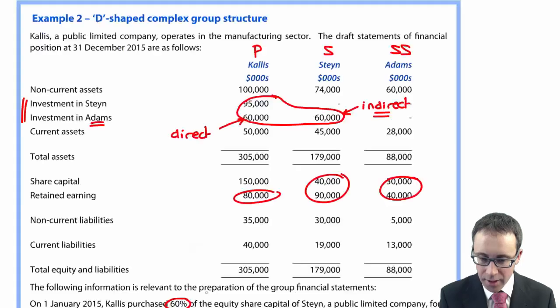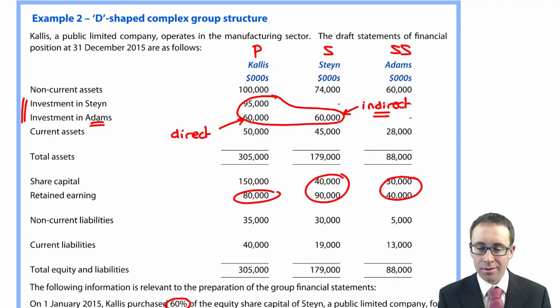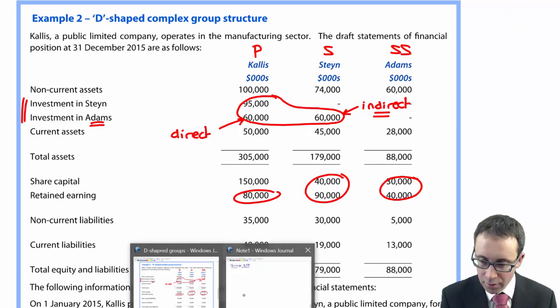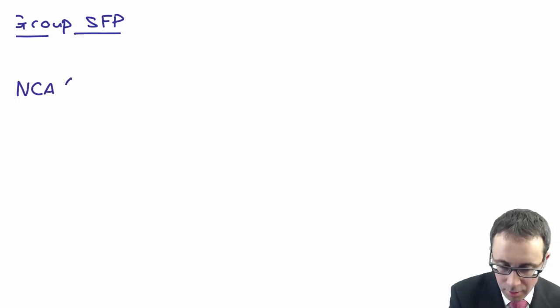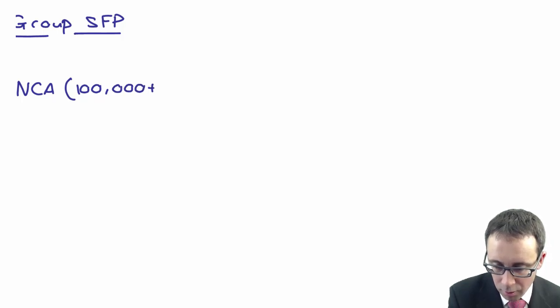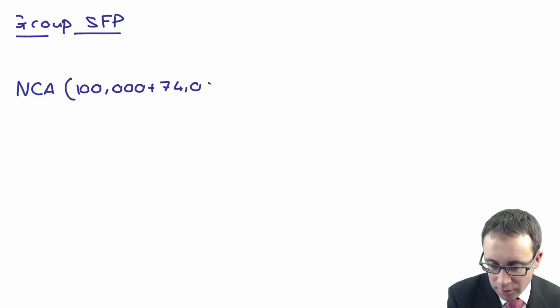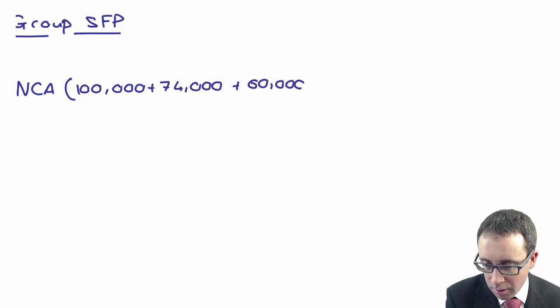So what you've got there, if you add across parent, sub and sub, non-current assets, 100,000 plus 74,000 plus 60,000.